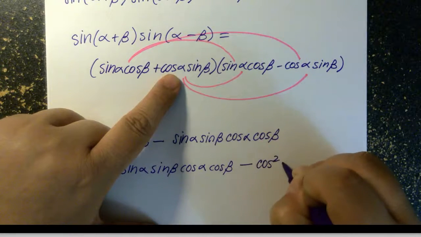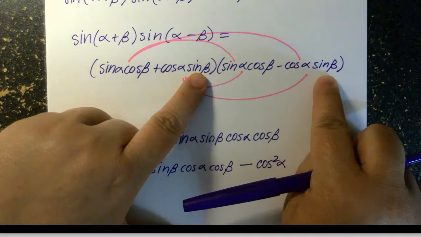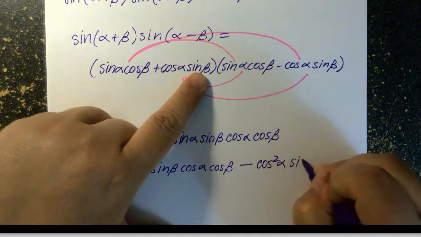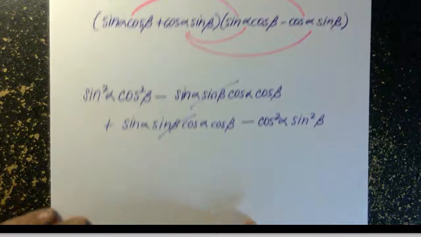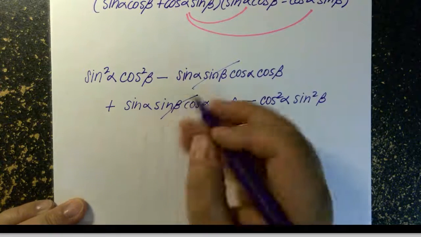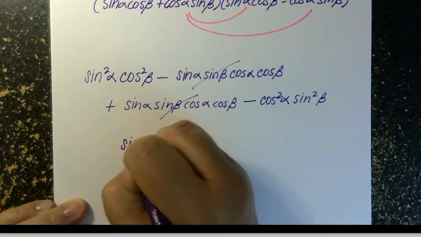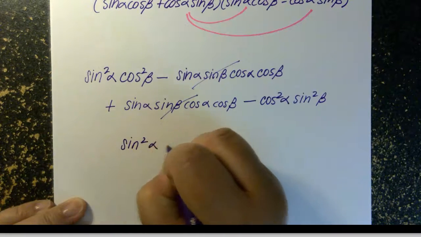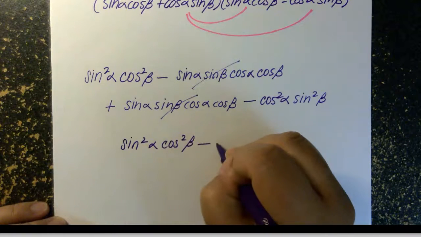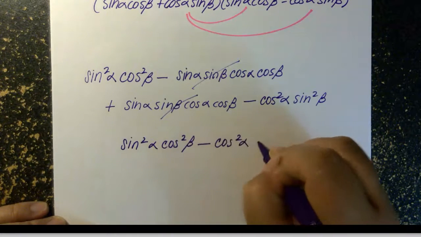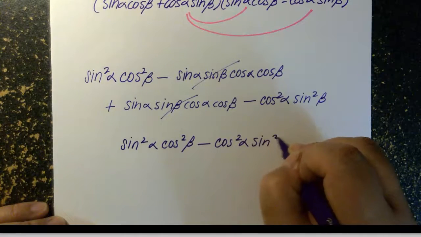That's cosine squared alpha. Sine beta times sine beta is sine squared beta. These guys will add to 0, and I will have sine squared alpha cosine squared beta minus cosine squared alpha sine squared beta.